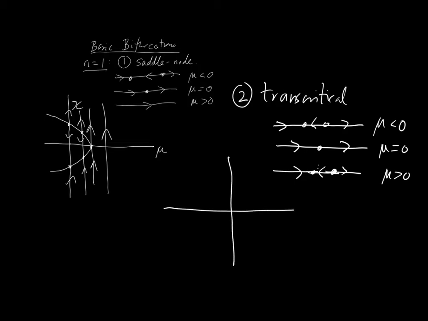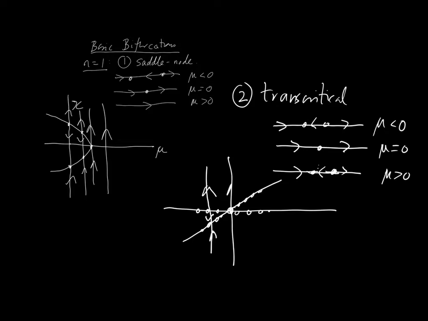So let's draw it like this. The way the fixed points look is this is a curve of fixed points at 0, and this is a curve of fixed points that passes through 0. Over here, the 0 solution is unstable and the other one attracting.